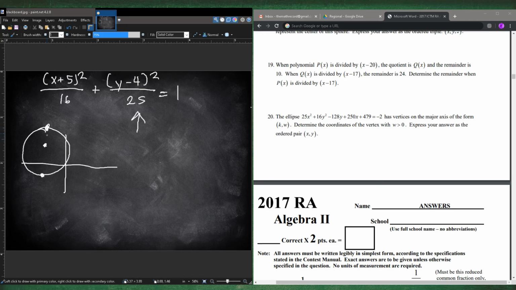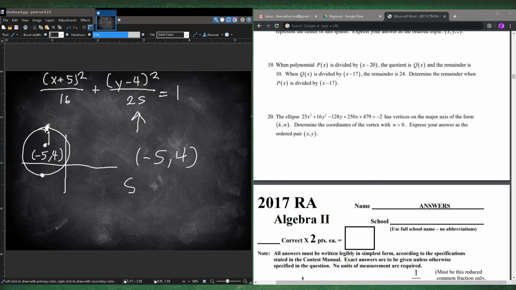So for the y, our center is at negative 5, 4, right? That means we just need to find out what this distance is. This distance is just equal to the square root of whatever that major axis number is. So we have 25, the square root of that is 5.